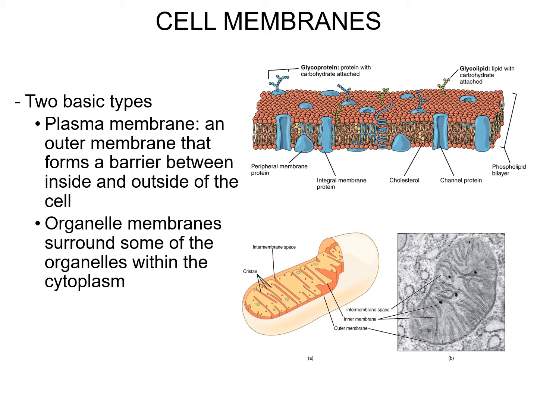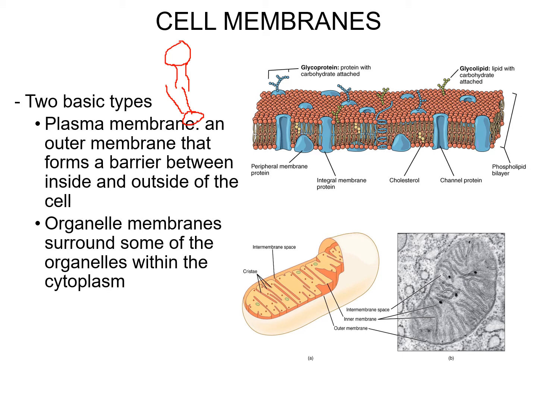What we have is a phosphorus head that's hydrophilic, that loves water, and it has two fatty acid tails, and then we have another layer of that, and they're kind of inverted like that. So the fatty acid tails are facing in towards one another. And once again, that's really important because water and fat don't get along. So we're creating this kind of barrier to separate the water environment from the inside of the cell to the outside of the cell and vice versa.